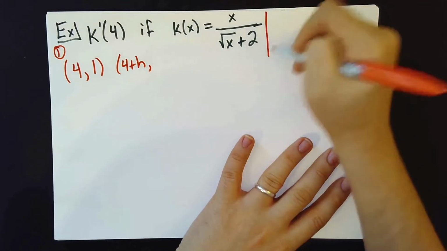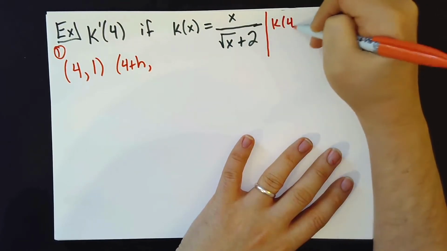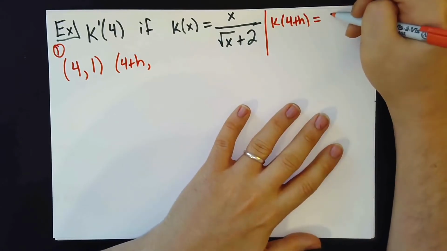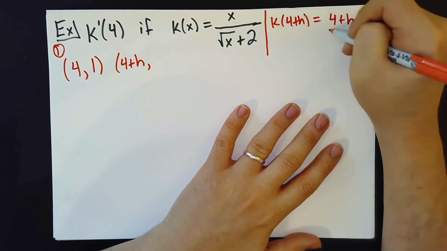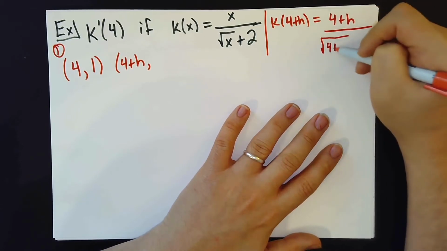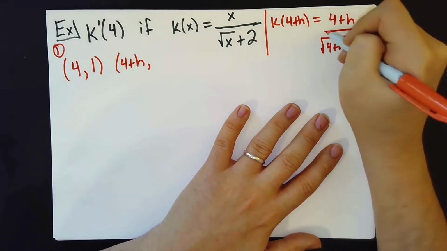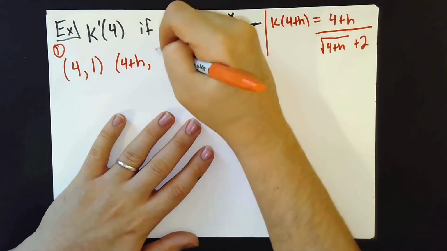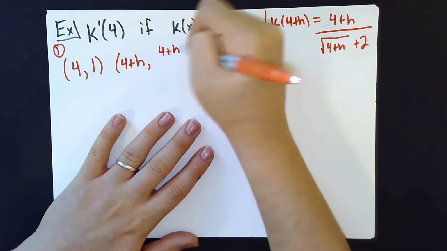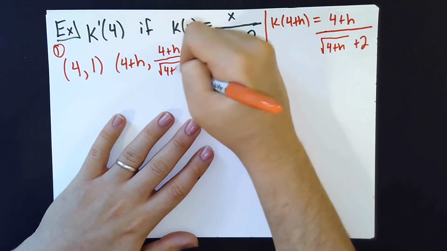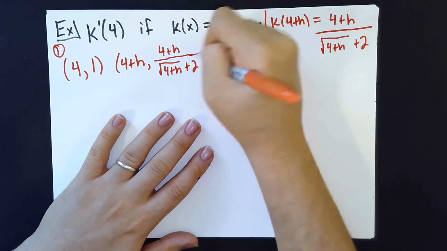And then we'll go ahead and figure out k of 4 plus h, which is going to be 4 plus h divided by the square root of 4 plus h plus 2. Well, I guess that's as nice as it's going to be.